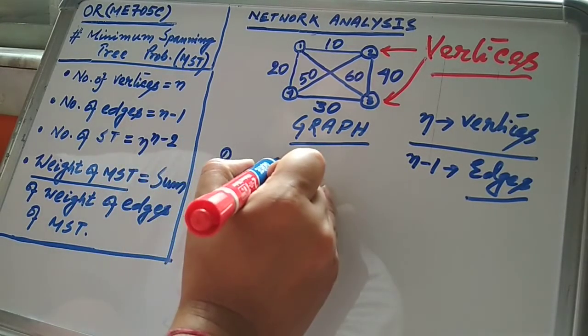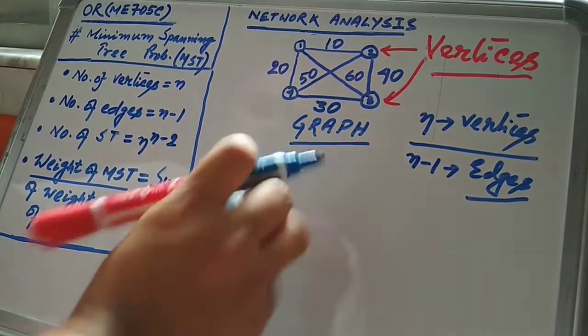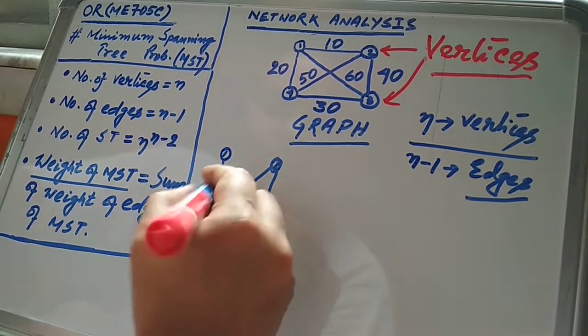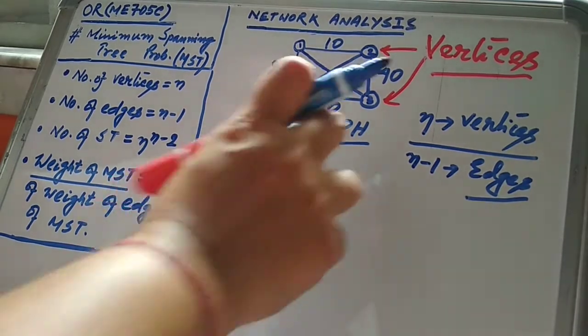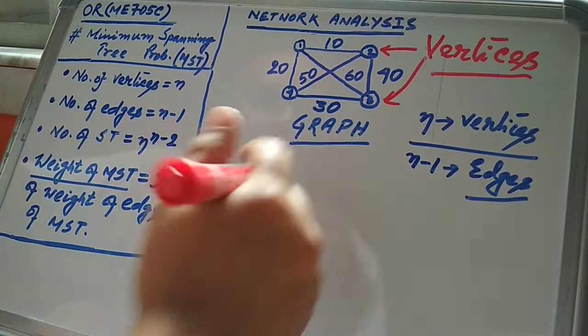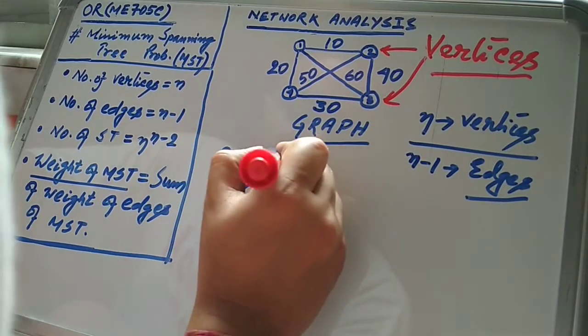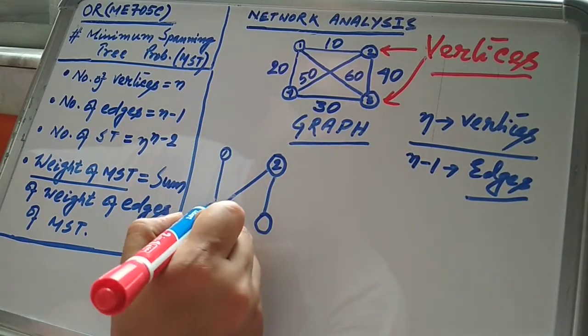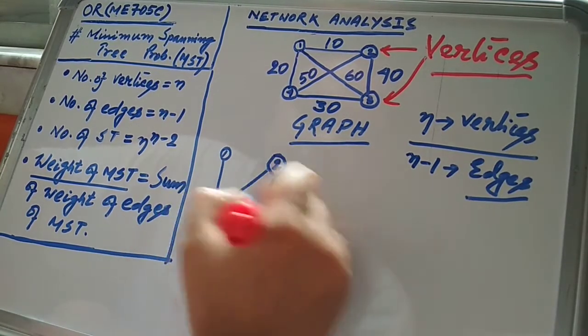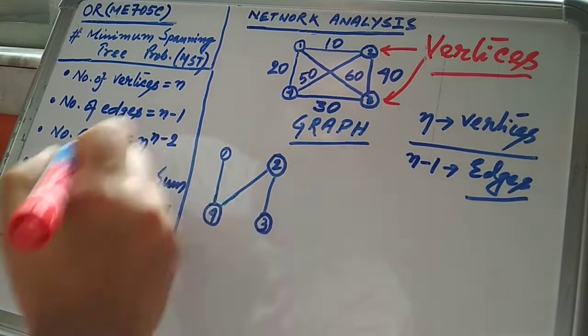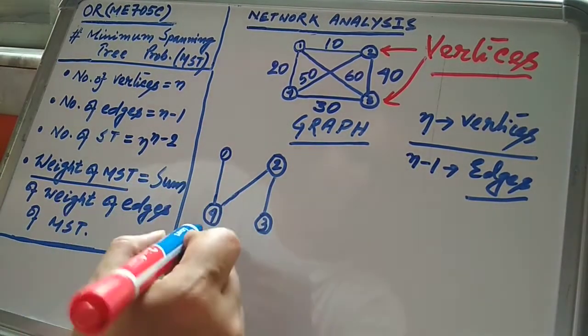This is 1, this is 2. Let me make it visible for you for better understanding. Say this is 4 and this is 5, this is 3. Now look, I have constructed a tree.